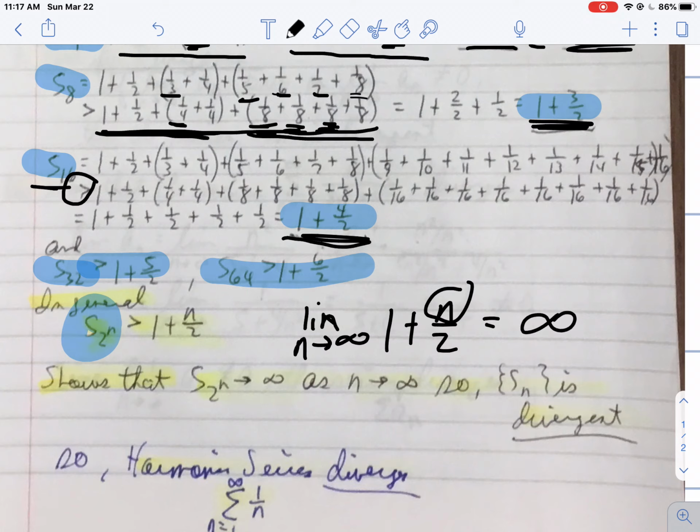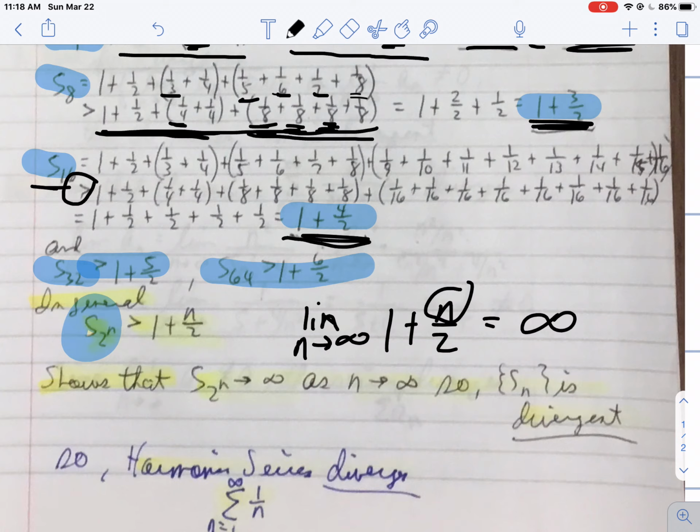But here's that idea of the comparison that we've talked about before. If I can compare my series to something that we know something about, right? So this 1 plus n over 2 I know approaches infinity as n approaches infinity. So that means S sub 2 to the nth power has to approach infinity because it's greater than that sequence.